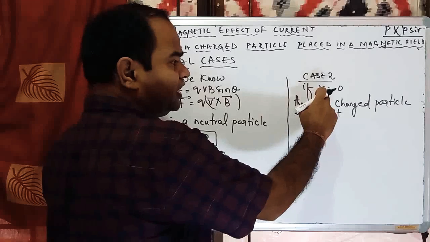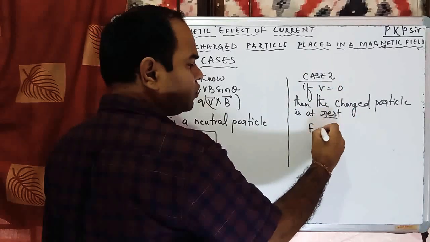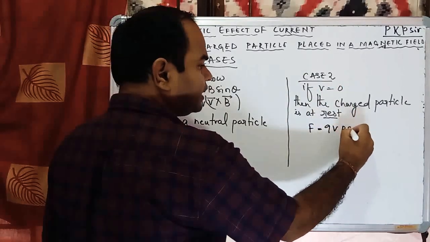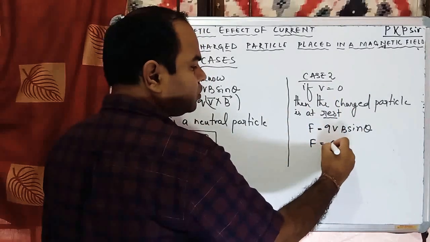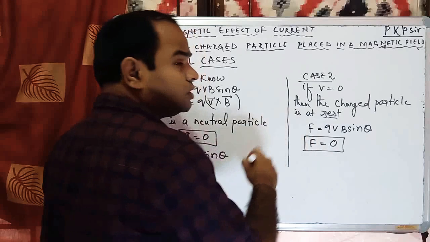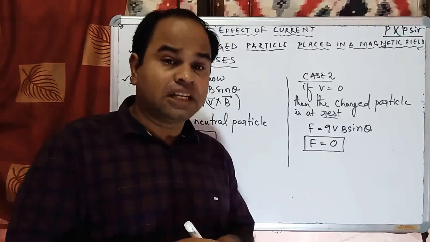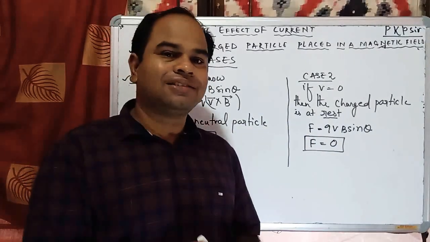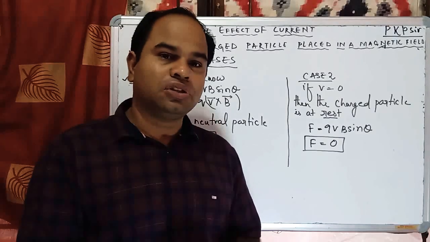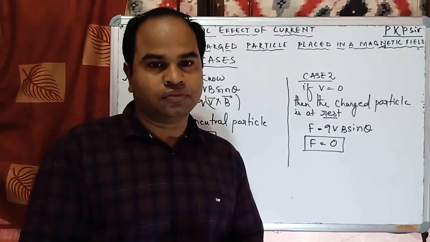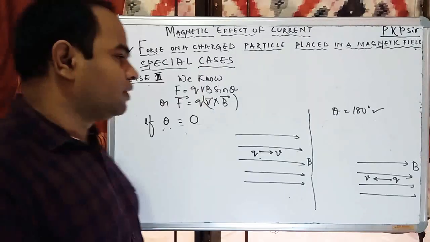If v is equal to 0, F is equal to QVB sin theta, which is 0. So this is proof again that when a charged particle is placed at rest in a uniform magnetic field, it experiences 0 force.